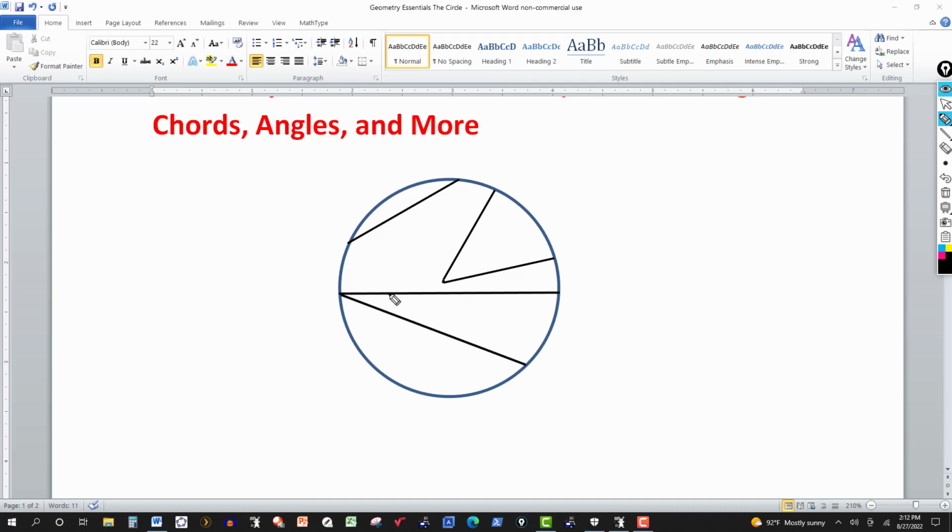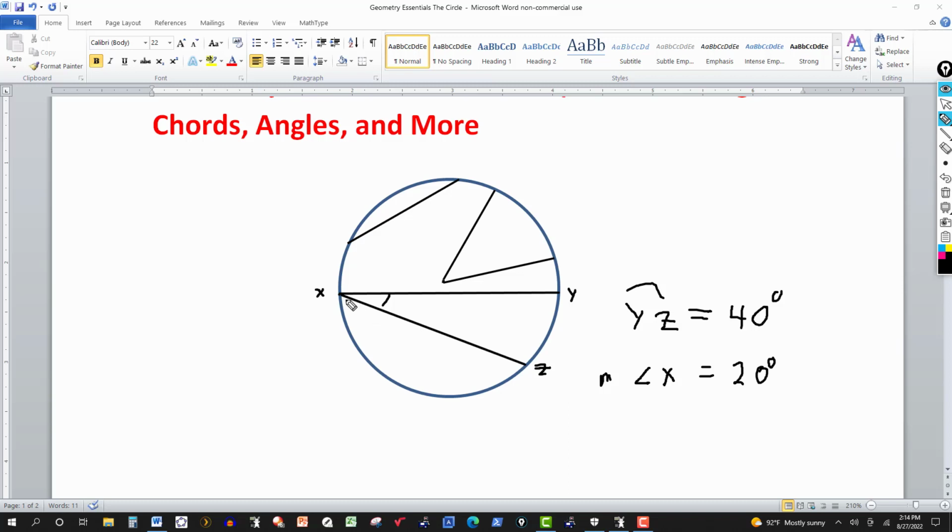Now if you have an angle with a vertex on the circumference of the circle, right here, call that X, and the angle intersects the circle over here, say at this point Y, and this point Z, and let's say that arc YZ measures 40 degrees. Then the measure of angle X in this case will be half of that. So 40 times 1/2 is 20 degrees.